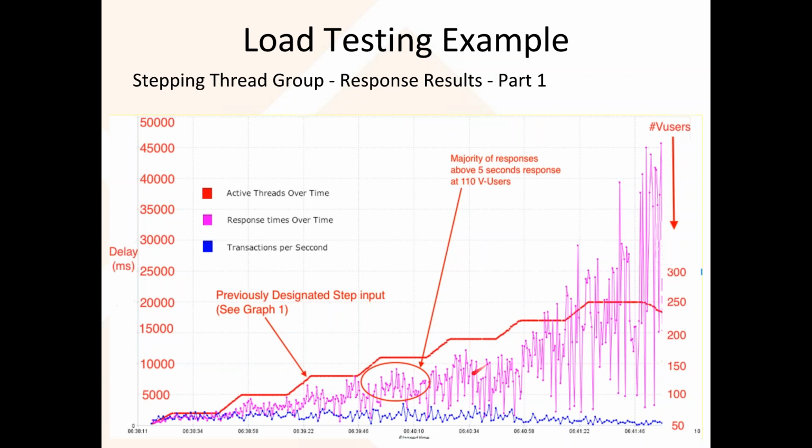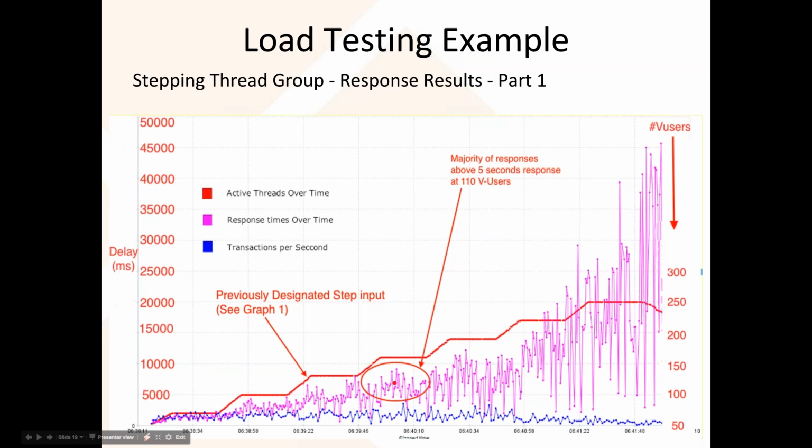If you look, you see the number of V users on the right side now. You have the delay shown on the left. While we were driving the application server, we're getting the responses, and the responses are in pink.